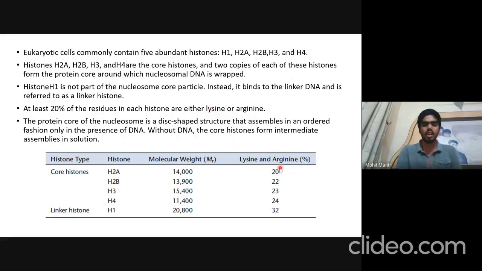As you can see, more than 20% of these residues are lysine and arginine, and around 32% lysine or arginine is seen in the H1 protein.